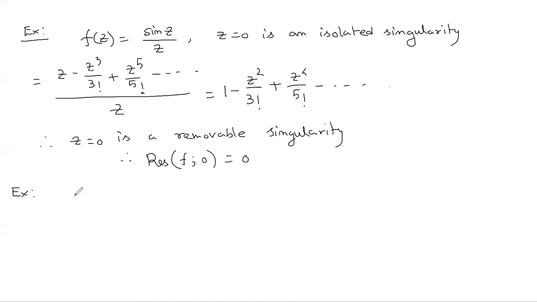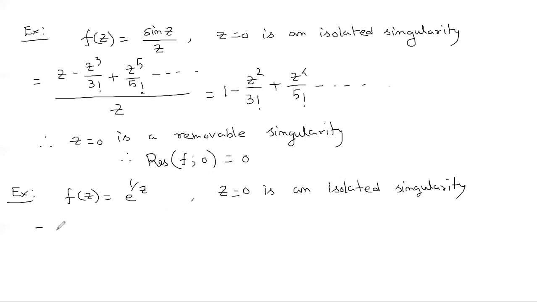Next, let us take f(z) equal to e power 1 by z. So z equal to 0 is an isolated singularity. Now, if we expand e power 1 by z, we see it is 1 plus 1 by z plus 1 by 2 factorial into z square plus 1 by 3 factorial into z cube and so on.